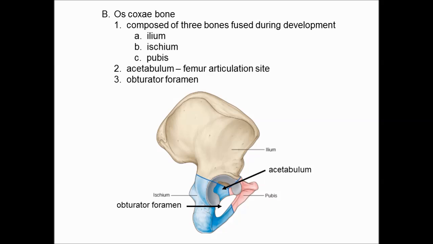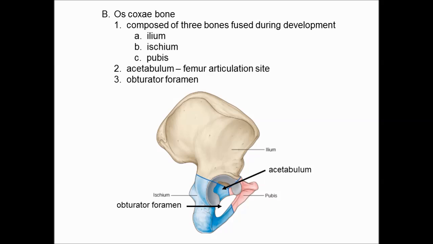So the majority and most superior part of the bone is called the ilium, and developmentally, that's a separate bone, but as we age, it fuses with the ischium, that's the most posterior and inferior part of the os coxal bone, and the most anterior is called the pubis. So there's the pubis, the ischium, and the ilium. They fuse by the time we're in our young teenage period.